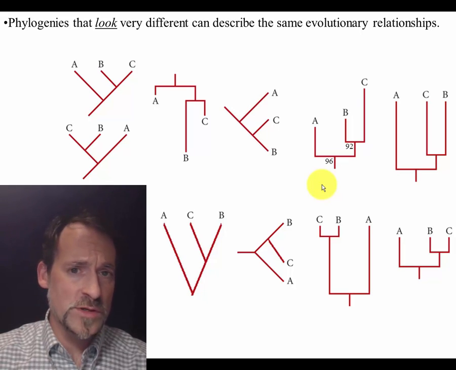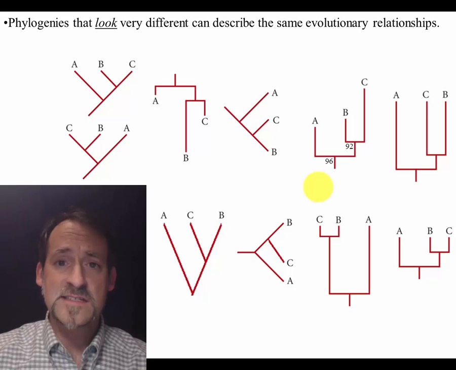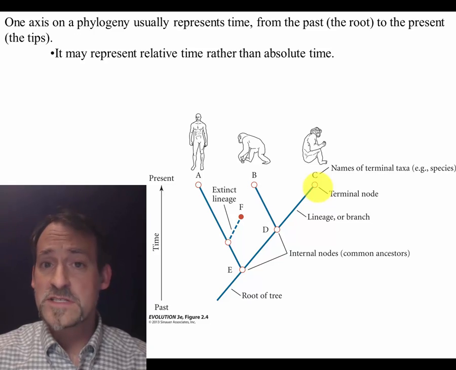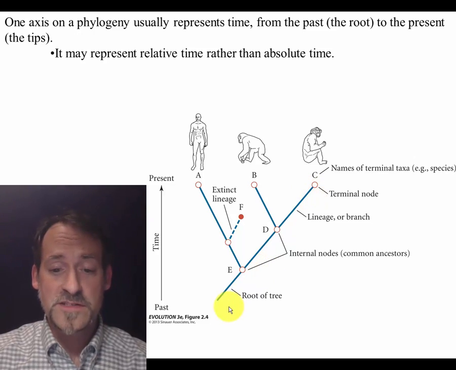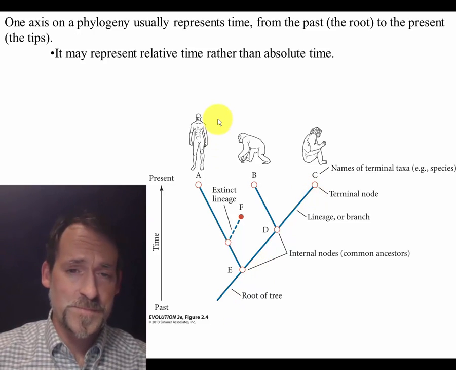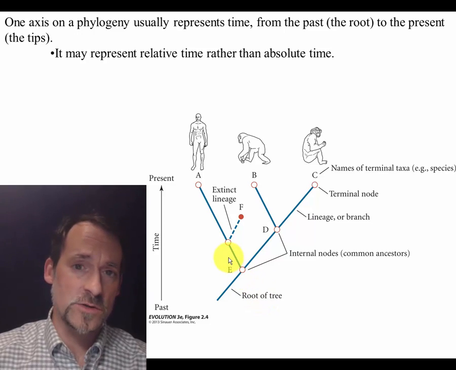And one thing that's very important is realizing that phylogenies can look very different and still say the same things. So for example, a couple things you've already seen in this slideshow. This diagram reads from left to right in terms of time, whereas this one reads from the bottom to the top. In either case, though, what you're doing is you're going from a root to the tips, and the tree is branching as you go.